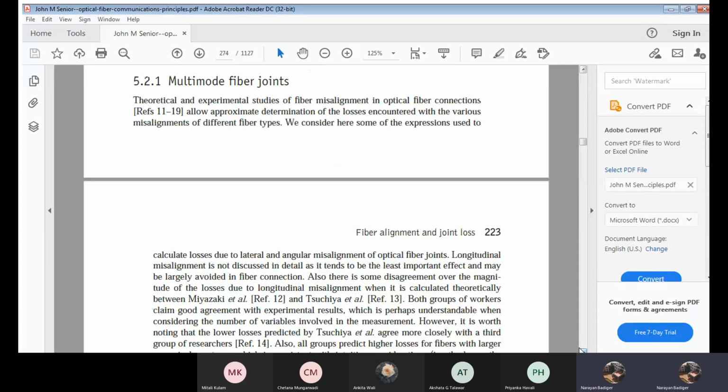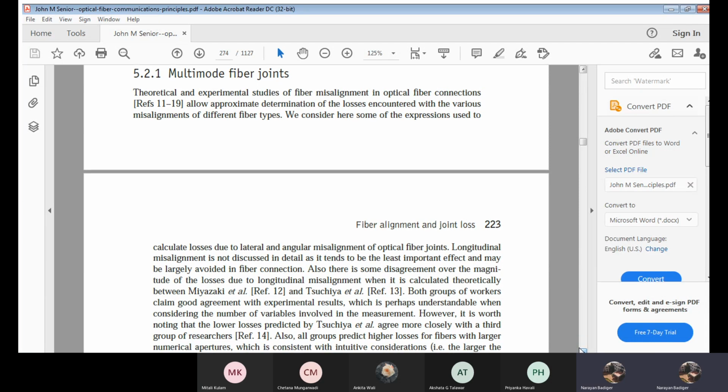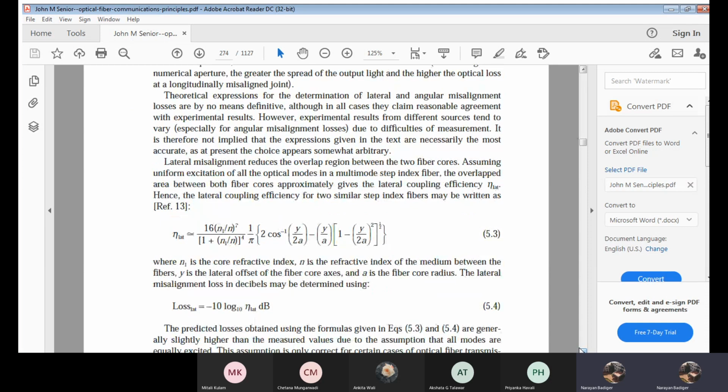Next we'll move to the multimode fiber joints. What exactly are these multimode fiber joints? Theoretically or experimentally, whatever we are trying to study here, we are going to encounter certain losses due to misalignments.